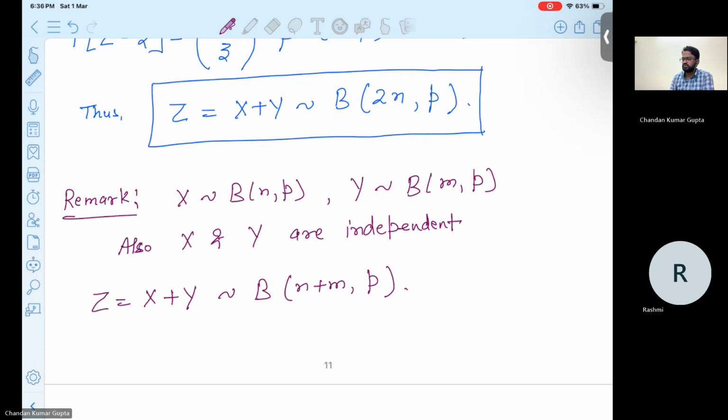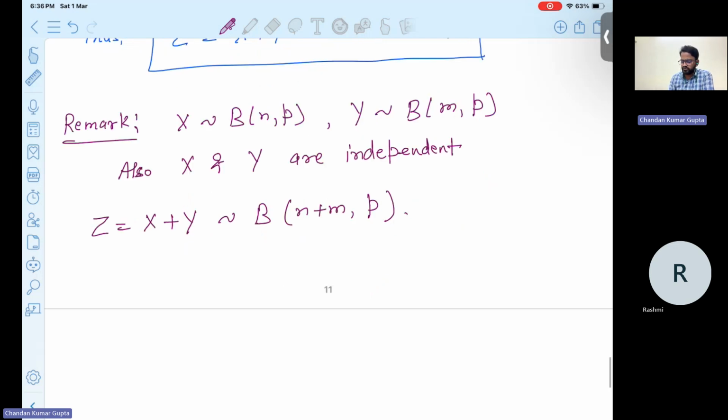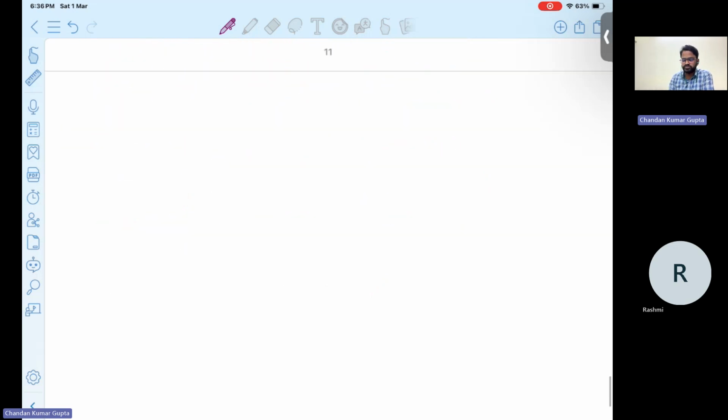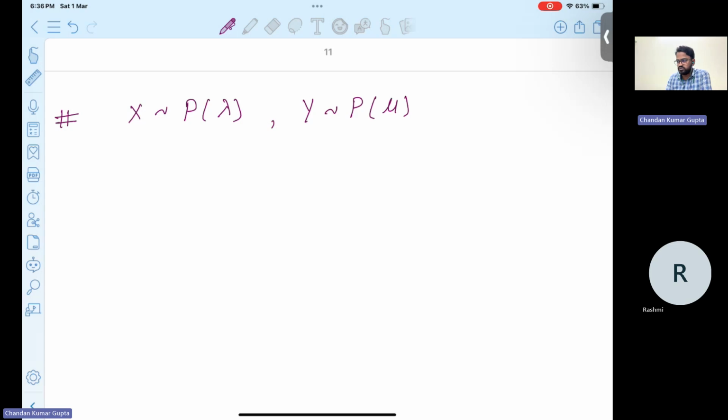The similar case is observed for the Poisson distribution. Suppose x follows a Poisson distribution with parameter lambda, and y again follows a Poisson distribution with parameter mu.